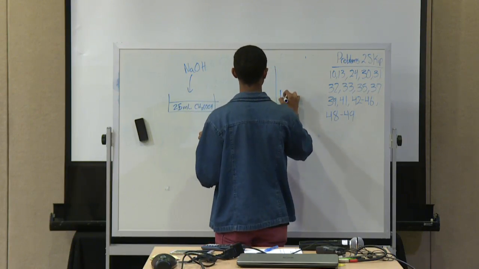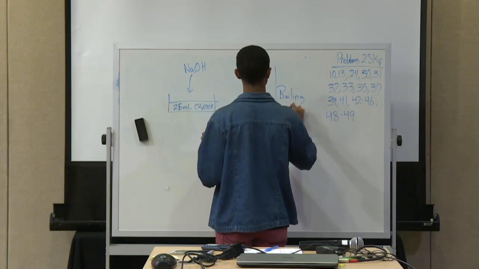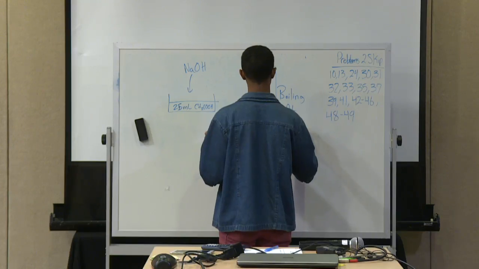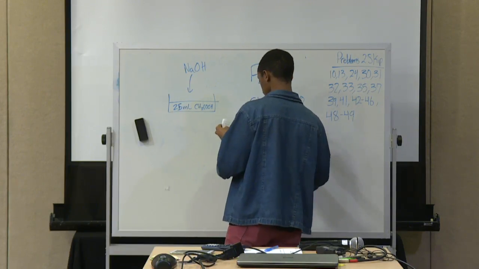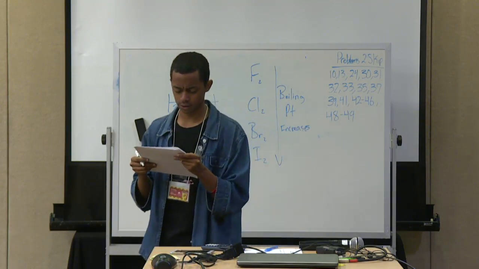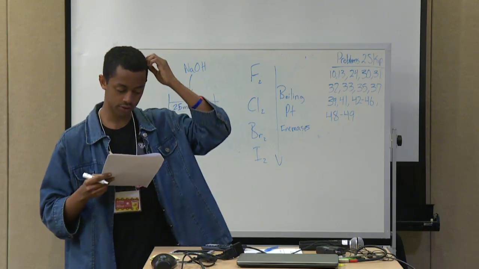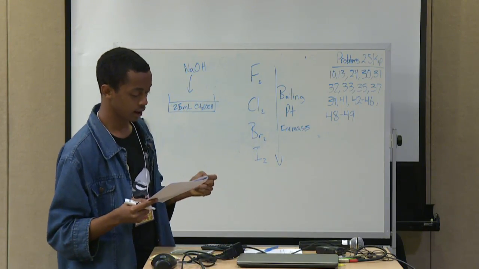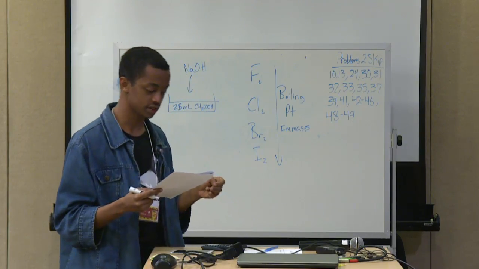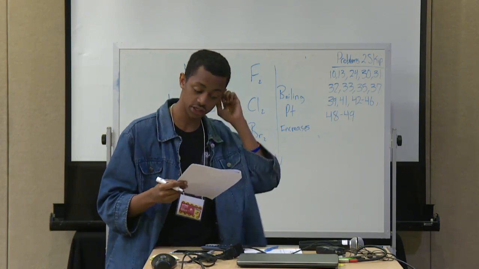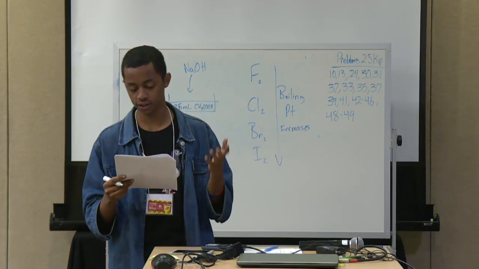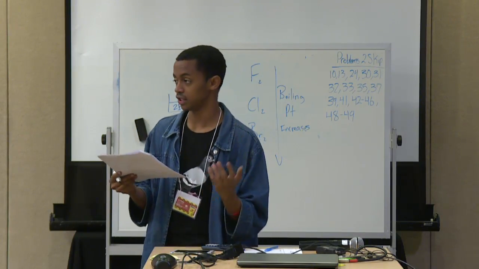So boiling point increases when you go down, increases as you go in that direction. Which of the following statements accounts for this increase? The chemical reactivity decreases in that order. The London dispersion forces increase in that order. The dipole-dipole forces increase in that order, or the hydrogen bonding increases in that order.